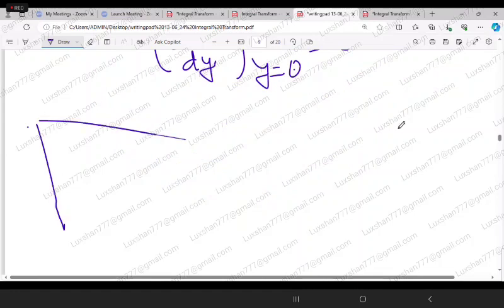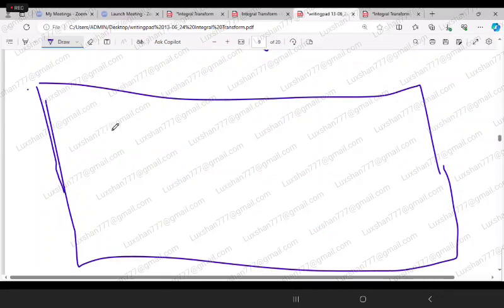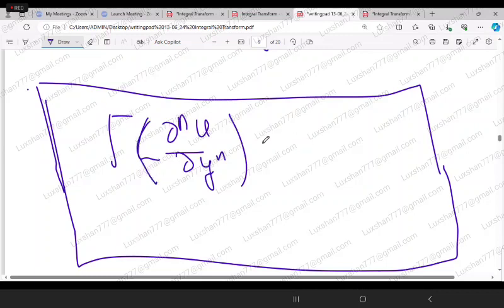If you want, you can write this also. You can write the Fourier transform of ∂ⁿu/∂yⁿ equal to dⁿū/dyⁿ, isn't it? We have studied this one.